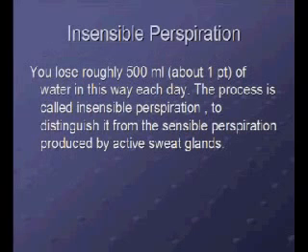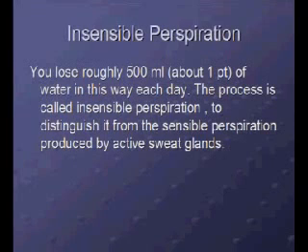Now, insensible perspiration. Again, remember when we talked about homeostasis in the human body, I alluded to the integumentary system. One of the important roles in homeostasis is the maintenance of fluid levels and the maintenance of temperature. When we talk specifically about fluid levels, understand the importance of the integumentary system.